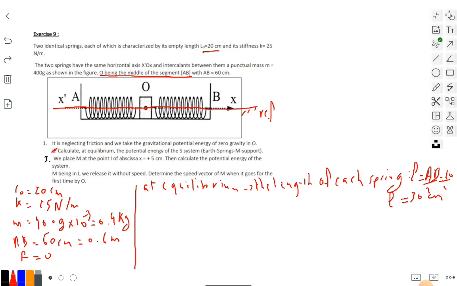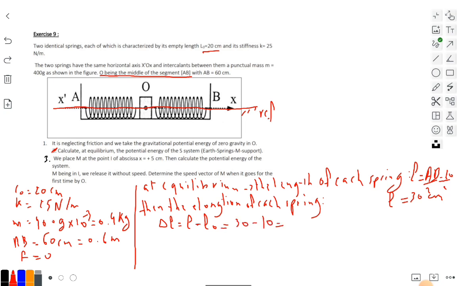Then the elongation of each spring is delta L equal L minus L0. So it's equal to 30 centimeters minus 20, equal to 10 centimeters, equal to 0.1 meter.